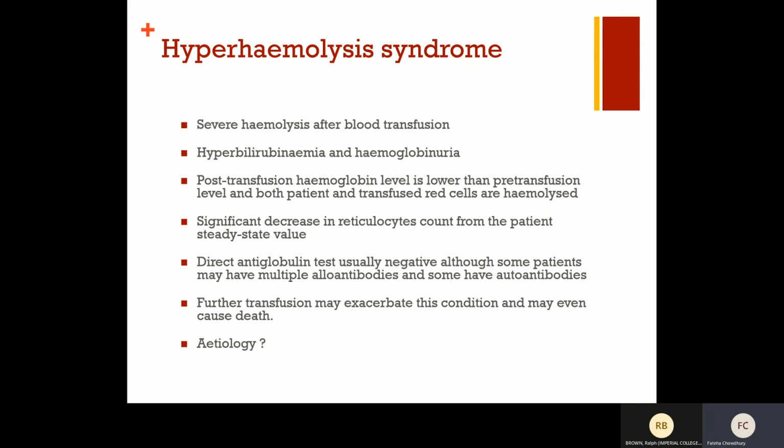And they can have a reticulocytopenia, and the DAT is usually negative, although in some patients you do have multiple alloantibodies and some have autoantibodies. And really giving them more transfusions, which you may need to think about if they're having a bad sickle crisis, can exacerbate the condition. So ideally you want to try and prevent further transfusions in this group.